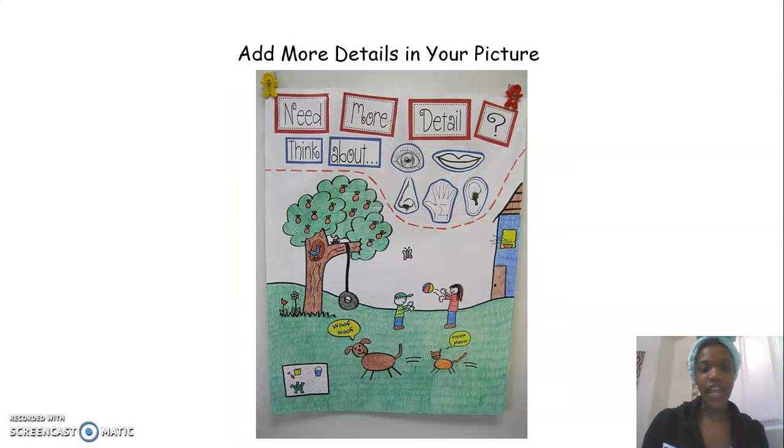Now, here is another anchor chart on adding more details, right? Need more details? Well, think about your five senses. You might have smelled a beautiful scent of grapefruit lotion in your story when you were expressing exactly what someone was doing. The scent of Miss Kitchens' grapefruit lotion was bursting through the air as I can remember, right?